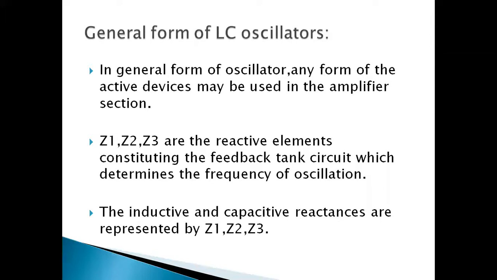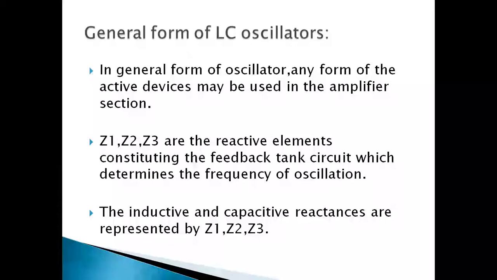Let us take three reactive elements, Z1, Z2 and Z3, constituting the feedback circuit. Depending on these reactive elements, we can get the frequency of oscillation, that is, the frequency at which we get the oscillations at the output.